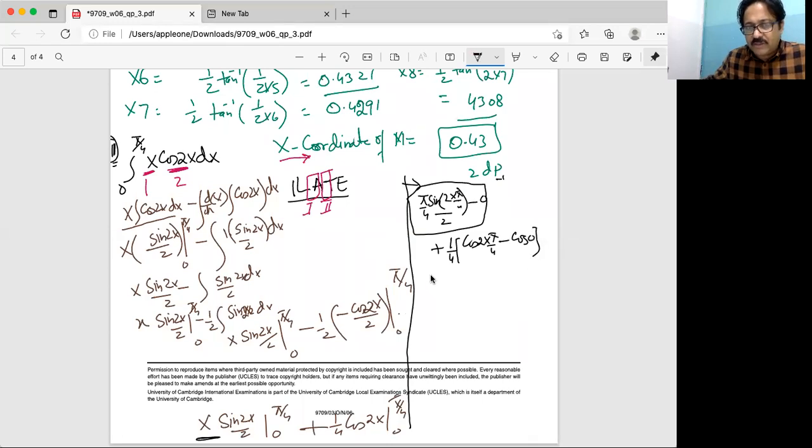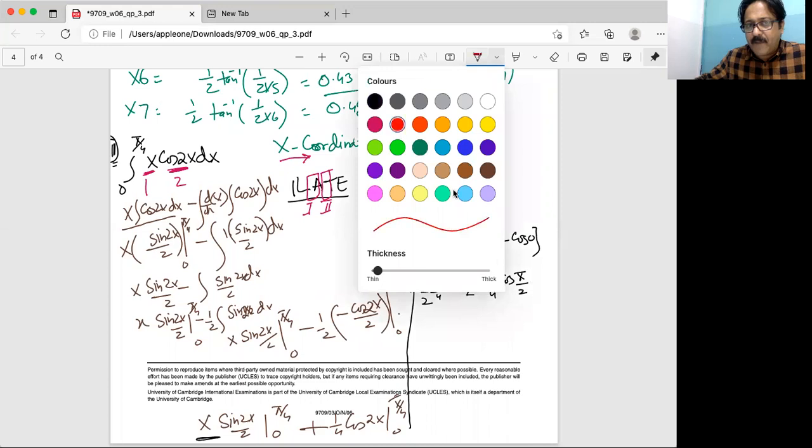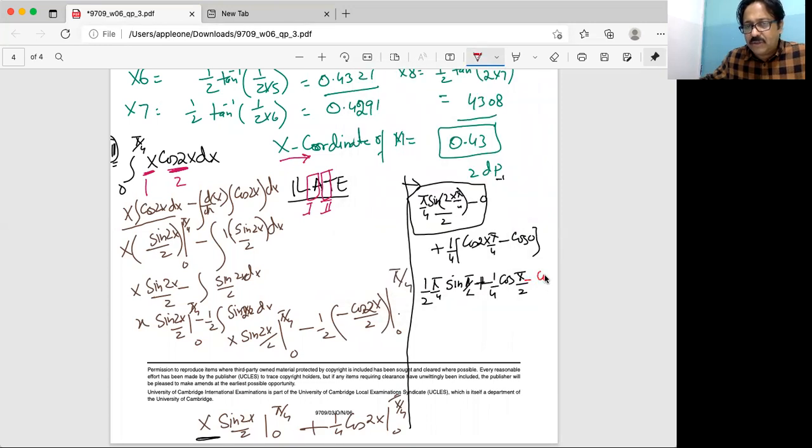So I hope you got this. 1 over 2 I'm bringing here, pi over 4 came here, and sine of 2 into pi over 4 is sine pi over 2, plus 1 over 4 times cos pi over 2 minus cos 0.